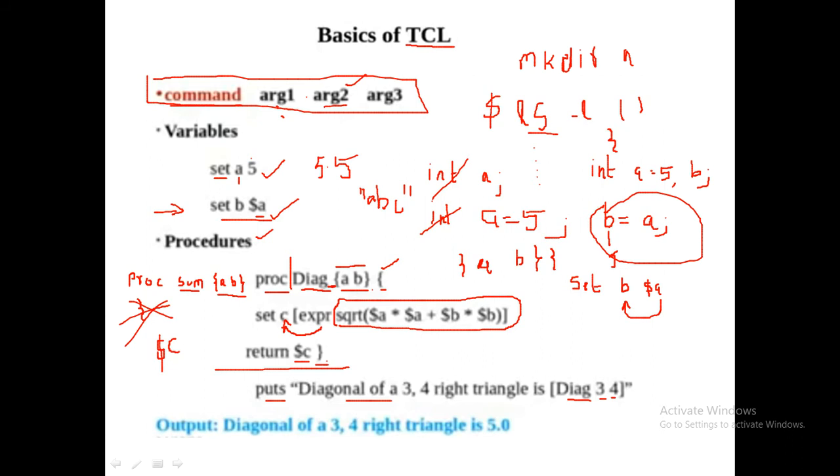The result is stored in C, and you return that value, which will be printed here. So when you run this in TCL, you get this as your output. It says the diagonal of a 3 and 4 right triangle is 5, right? Because after finding this, you find the square root of it, which gives you the result 5.